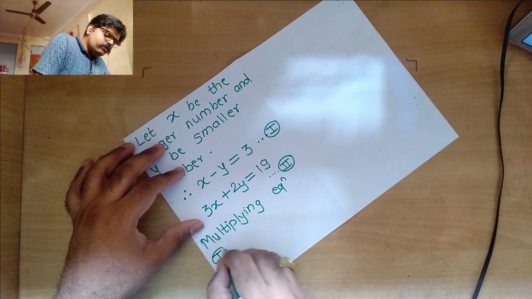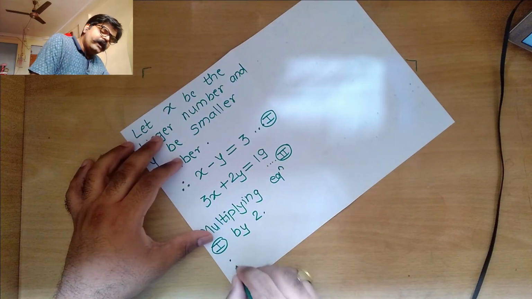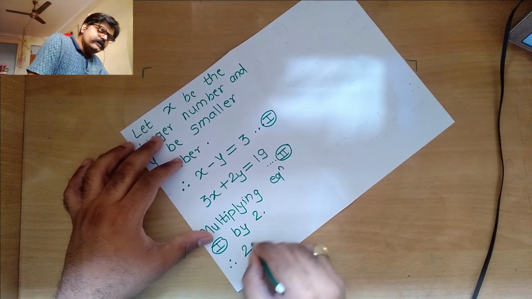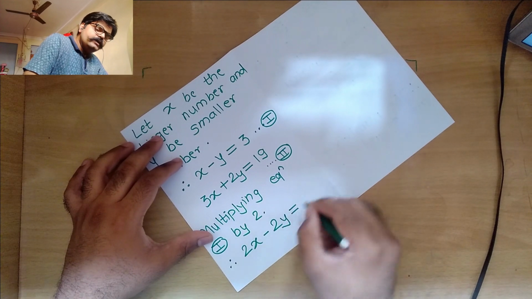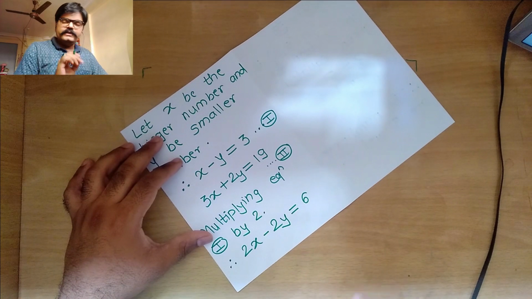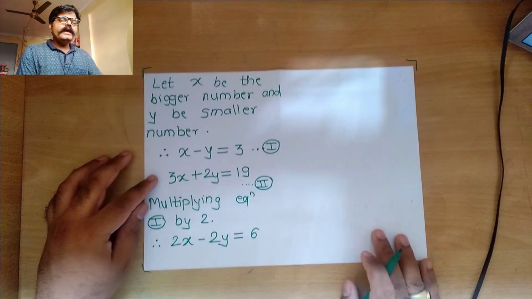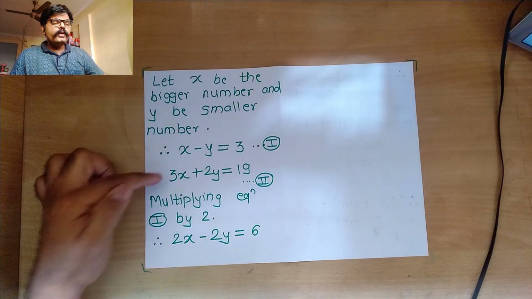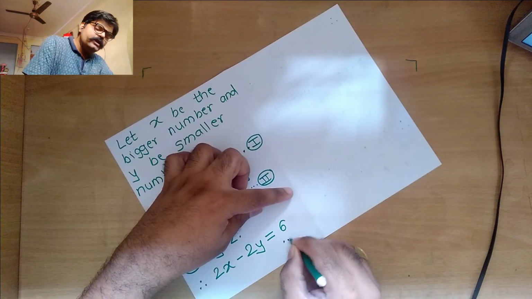Therefore how exactly this first equation will look like, let us see that. Therefore 2x minus 2y is equal to 6. That is the first equation we have got. Let us call it a modified first equation. Once we have the modified first equation, now what we are going to do, we are going to add these two equations. Okay, let us call this as equation number 3.